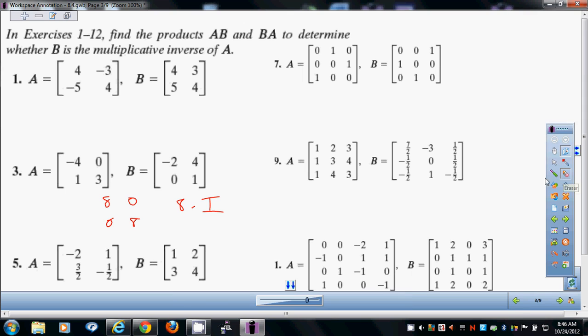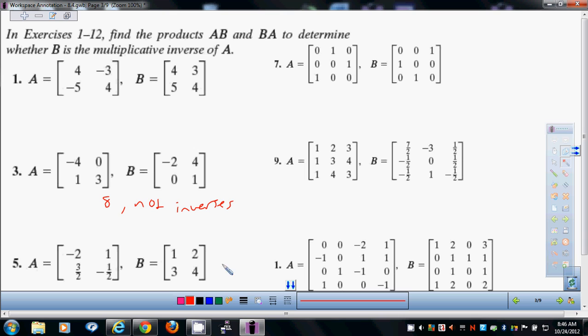So as soon as you get one thing that doesn't fit the identity, you can immediately stop and say, not the identity. Or not inverses, I guess would be a better way to word it. Okay, I won't erase. Not inverses. As soon as you get something that's not a 1 or a 0 where it's supposed to be.